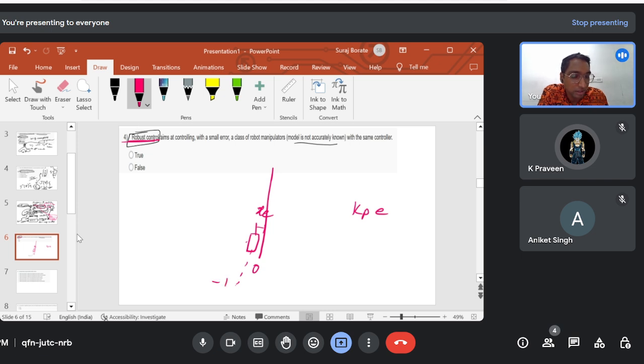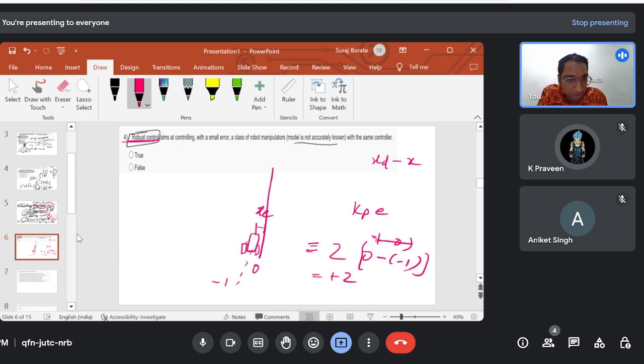So 0 minus -1 will be the error, because it is x desired minus x, and desired was 0. And Kp value is 2. So what will be the control input? It will be positive 2.